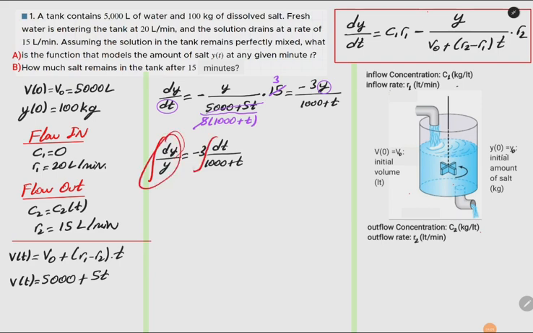The left-hand side integral of 1 over y is ln y. And the integral of 1 over 1,000 plus t is also ln of 1,000 plus t. Why? Because the derivative of ln of 1,000 plus t is 1. So we have minus 3 ln of 1,000 plus t and an integration constant. Instead of c, I'm going to write ln c because all the other terms are ln.